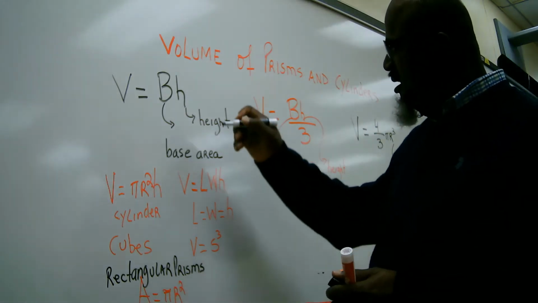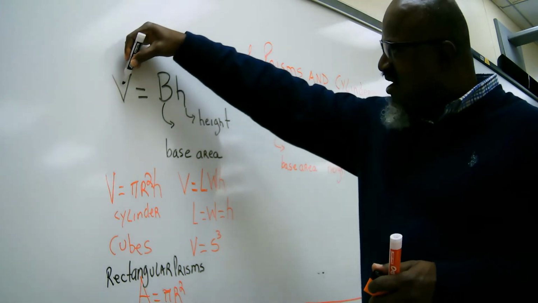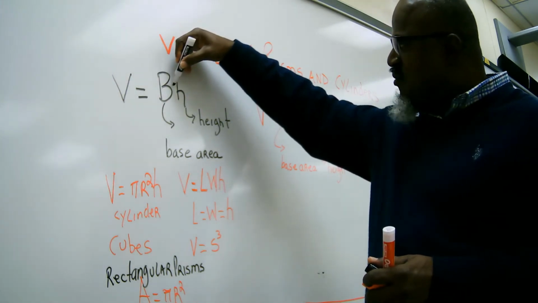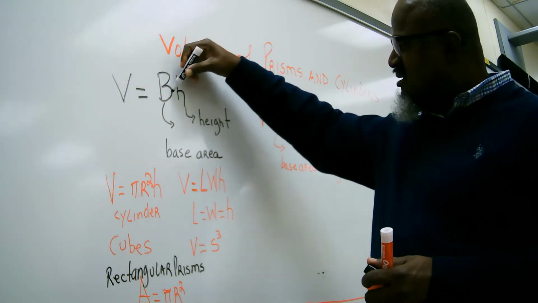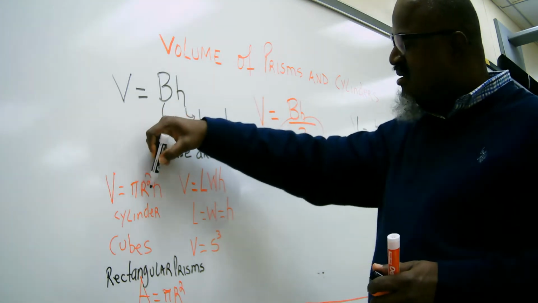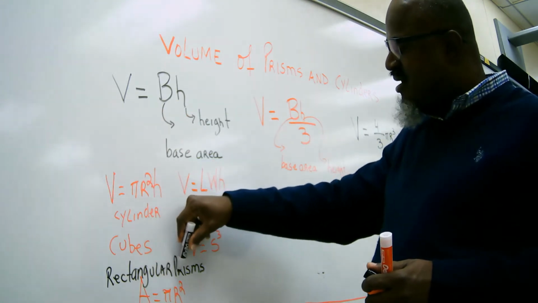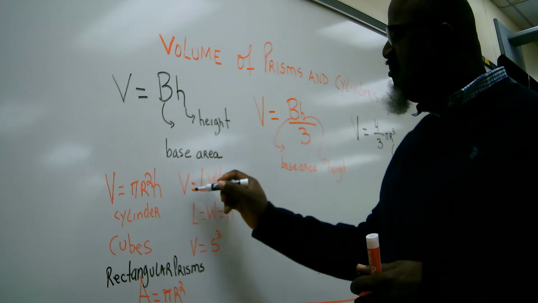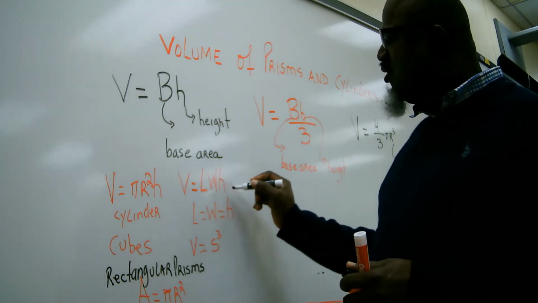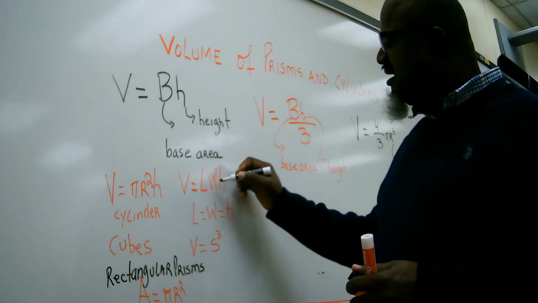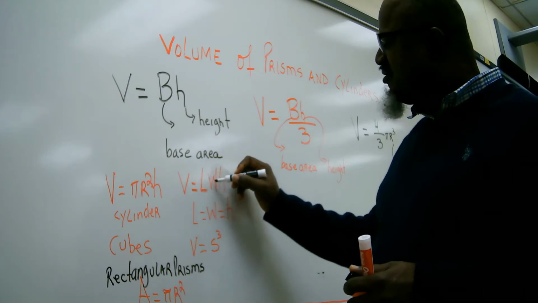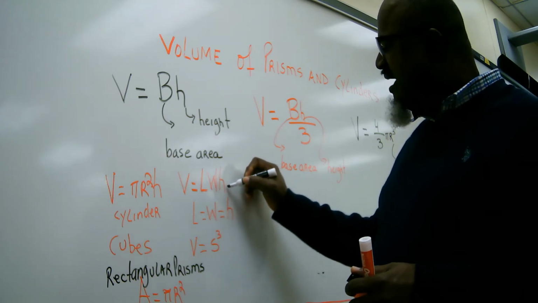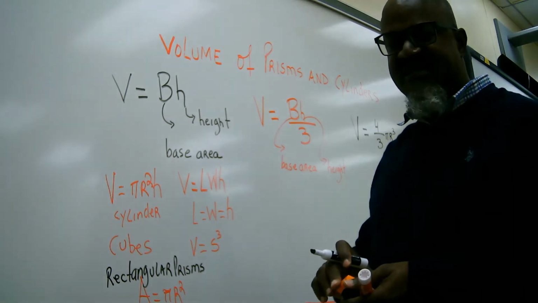So when you have V, volume, equal capital B times H, it applies for a cylinder, for a cube, and for a rectangular prism. Remember, for a cube, the lengths are the same, so the length is equal to the width is equal to the height, because the faces are squares.